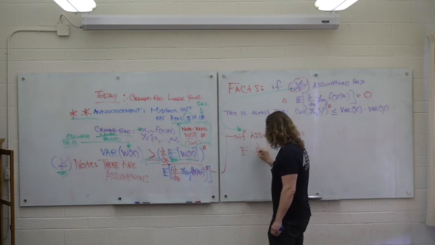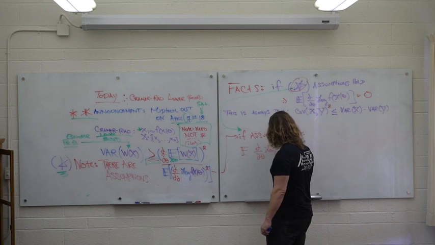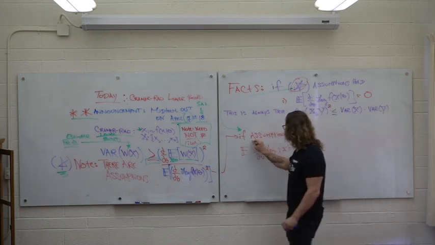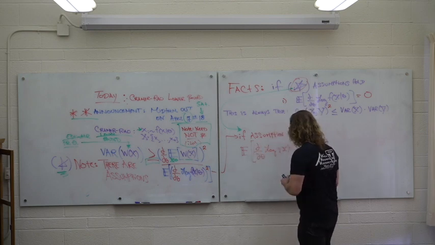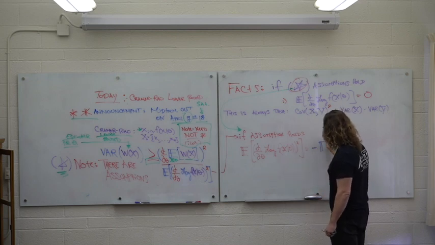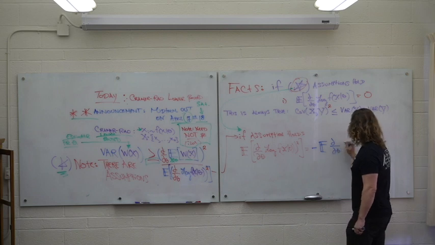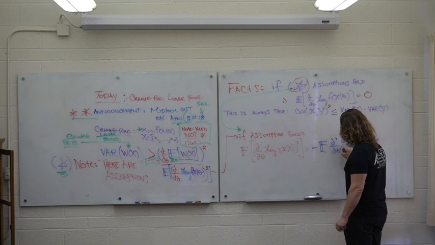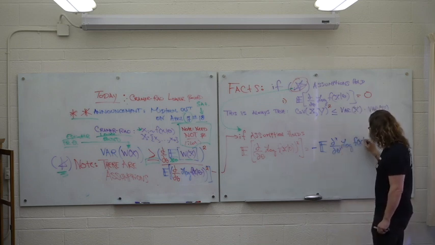So I'll write this down: the expectation of the derivative of the log likelihood, squared, is equivalent to minus the expectation of the second derivative of the log likelihood.